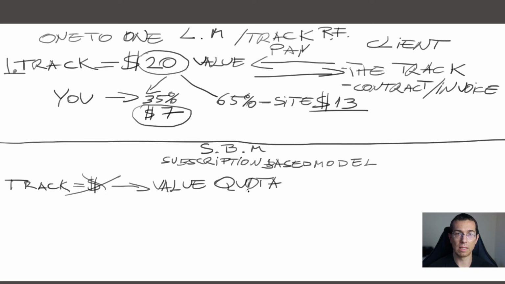Today it has a value, at the end of the month it can have a different value, but I will explain why that is so. Why the track doesn't have a clear value anymore, like in the one-to-one or per track business model. Why? Because here the client, right? Let's see, the client.